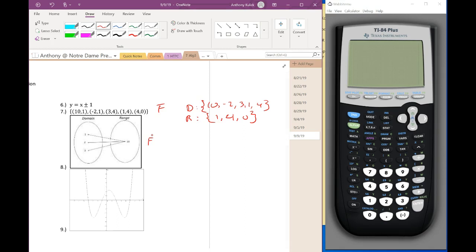You could say that none of the x's are used more than once. You could plot these 3 ordered pairs and show it passes the vertical line test. That would be okay. Everybody's okay with that? So the domain then is just 1, 2, 3, and the range is just, I think that's a 21.